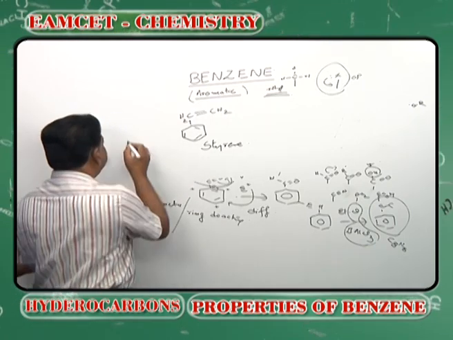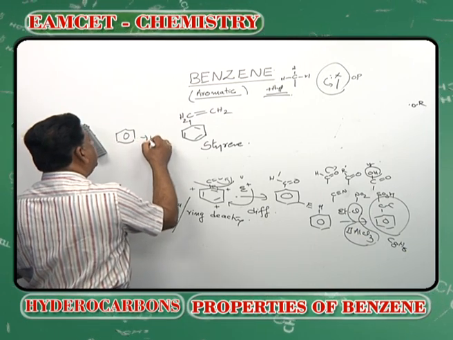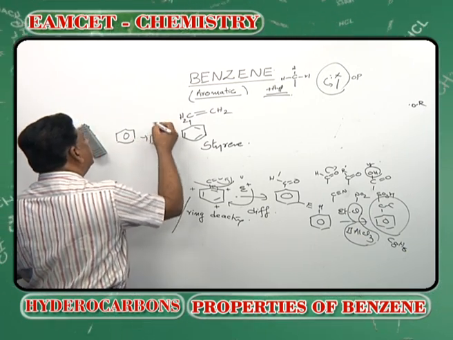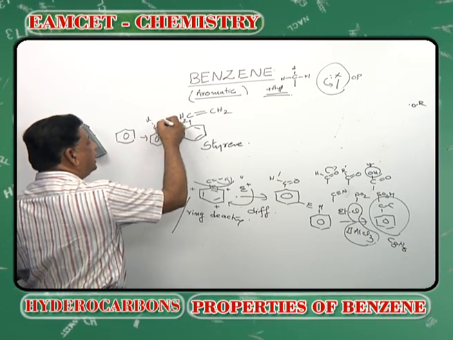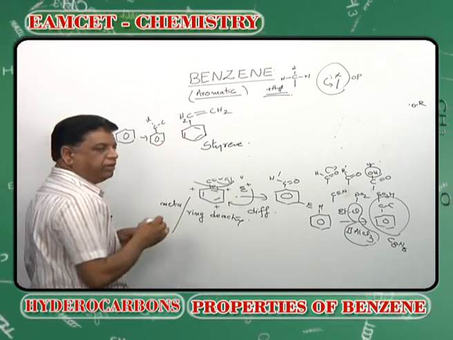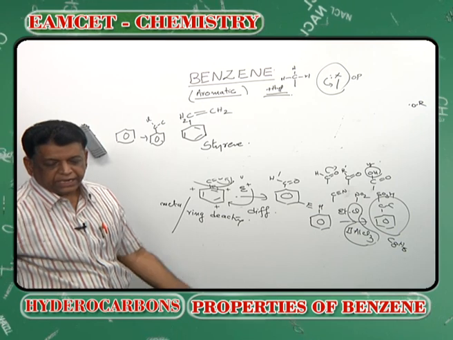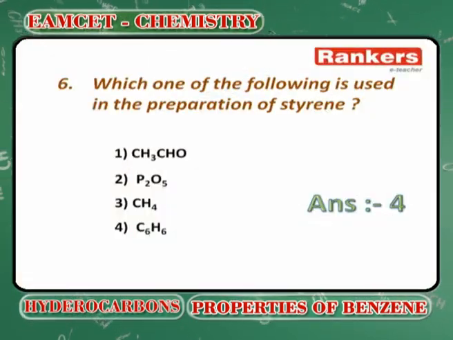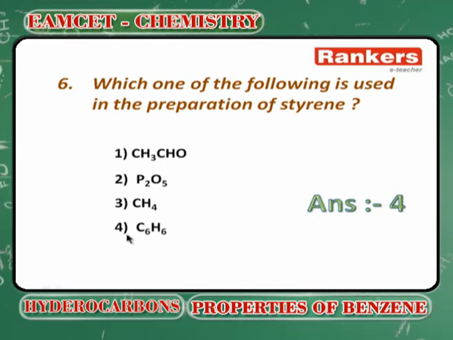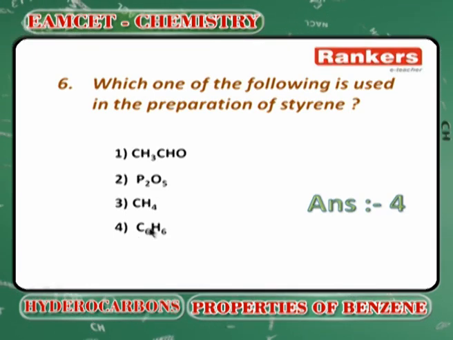From benzene you can prepare this compound by ethylation with ethyl chloride, and so on, monochlorination, removal of the Cl, and a double bond is created. The question is asking for the starting material from which you prepare styrene. Styrene on polymerization gives polystyrene, a polymer you might have known. So the answer is 4, benzene is the right answer. From benzene we can start and prepare styrene, followed by polystyrene.